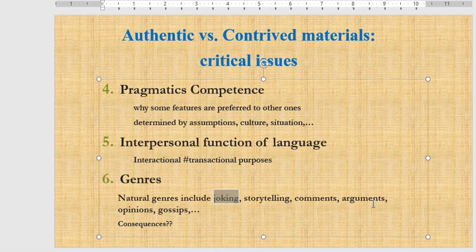What happens here is that your communication is not going to be native-like, proficient or natural. It is not normal, it is artificial. Then what happens is this: you cannot make yourself understood, and you cannot understand others, because opinions are different from gossips, arguments are different from comments.